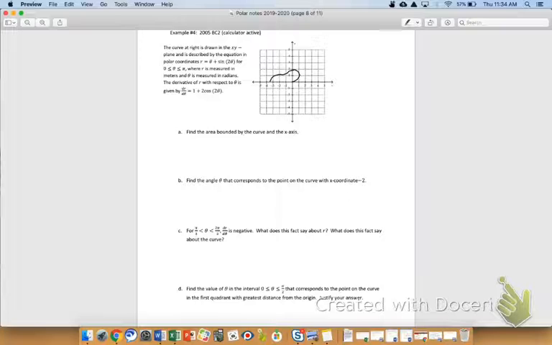How do you find the second one? If you just multiply the r times cosine theta and solve for theta, then set that equal to -2, does that work? Yes. But then how do I put that in the calculator? You're off to a good start.